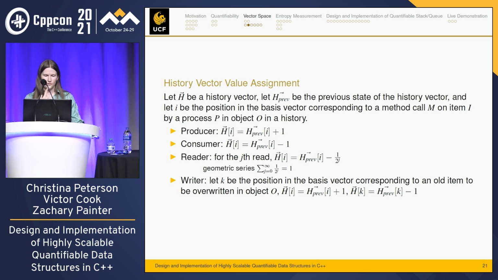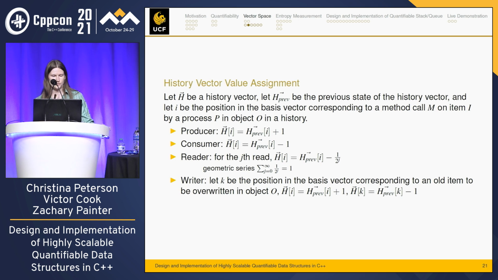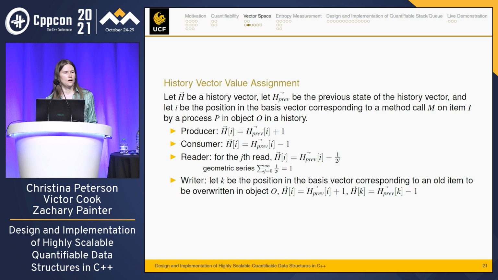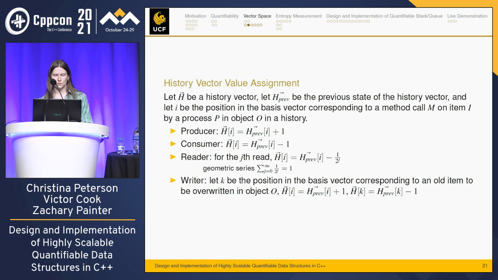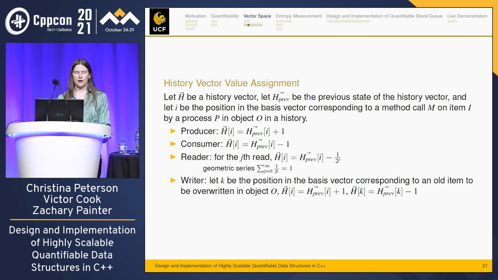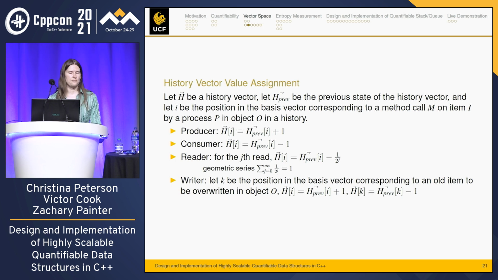So now we have to define how we assign those values. The history vector is going to be updated as every method call is encountered in the system. We're going to set hprev to be the previous state of the history vector. Now, if the method call is a producer, we're going to add 1 to that position in the basis vector that corresponds to that producer.